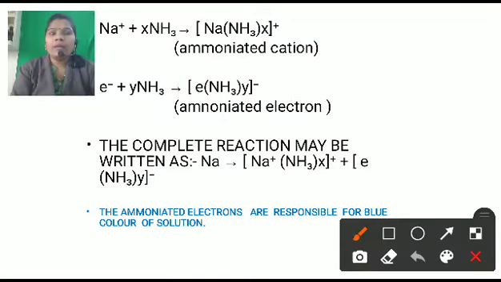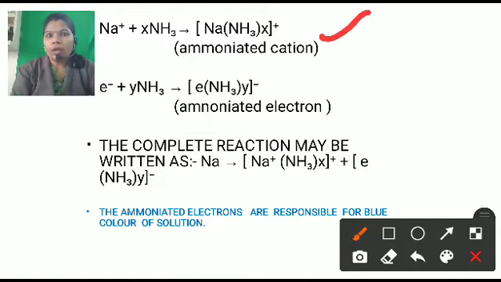The sodium ion combines with x number of ammonia molecules, which act as the solvent. Around the sodium ion, the ammonia molecules gather, and there is a formation of the complex Na(NH3)x+, that is called the ammoniated cation.